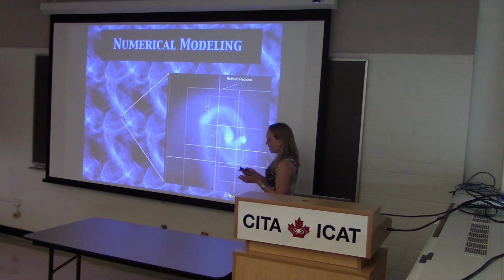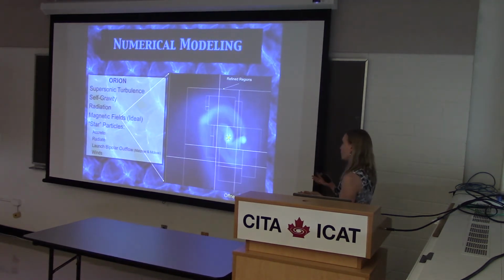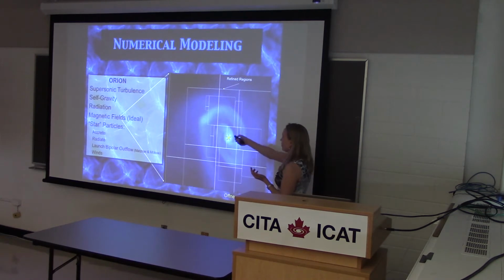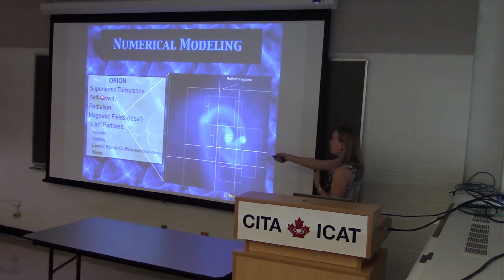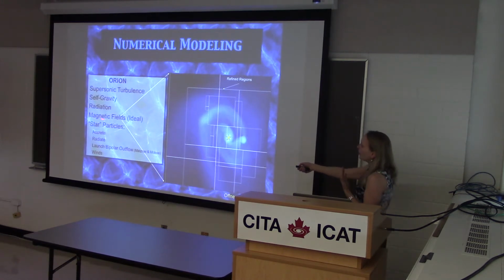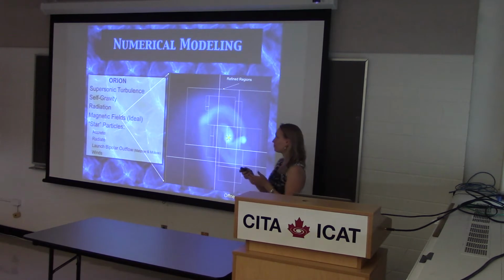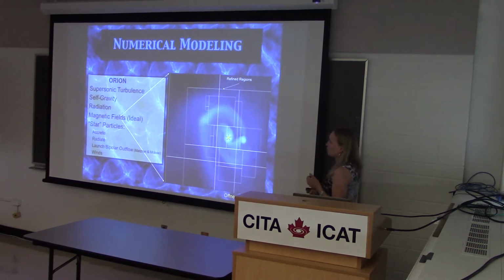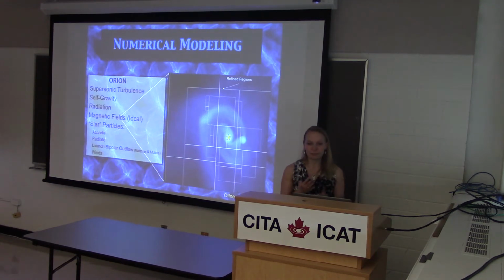The calculations will include and explore the importance of supersonic turbulence, gravity, radiation, magnetic fields in the ideal limit, where the gas and field are assumed to be coupled, and star particles, which accrete and radiate, launch bipolar outflows, and winds.